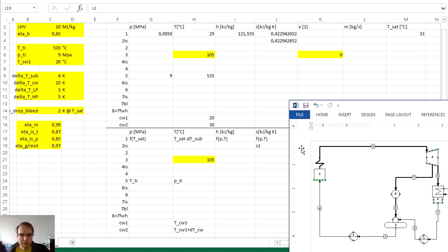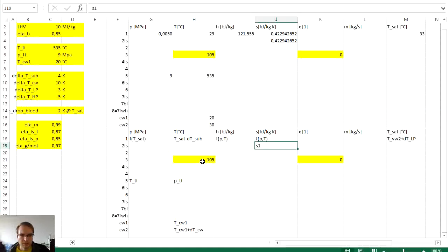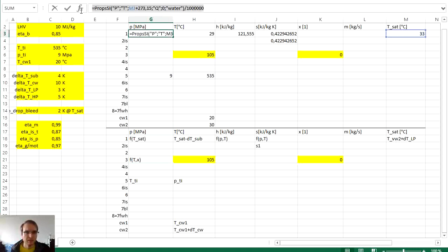The pressure can be obtained for the point number 3, because we have 2 thermodynamic parameters. So the pressure will be a function of temperature and quality. So that's the function that we already had here once before.